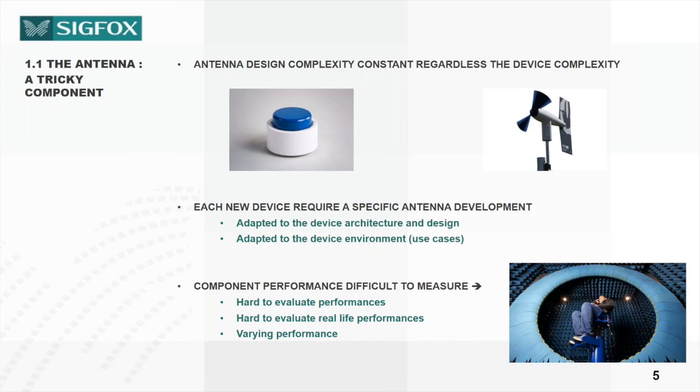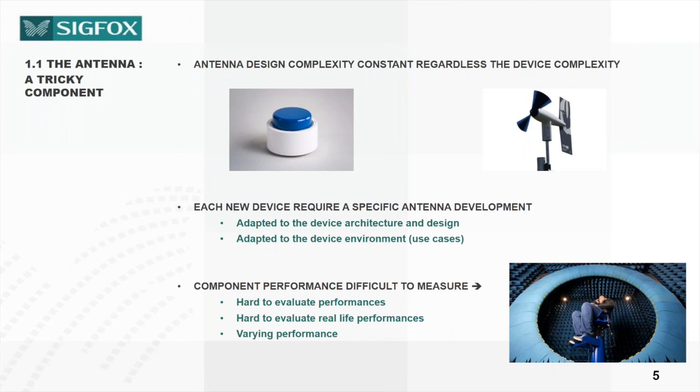What I mean is that you can have a very simple device, such as a simple button, that will require a very complex antenna design. On the contrary, you can have a fairly complex device that will require a very simple antenna implementation and design. So this is very important to make the difference between the device complexity and the antenna design complexity.